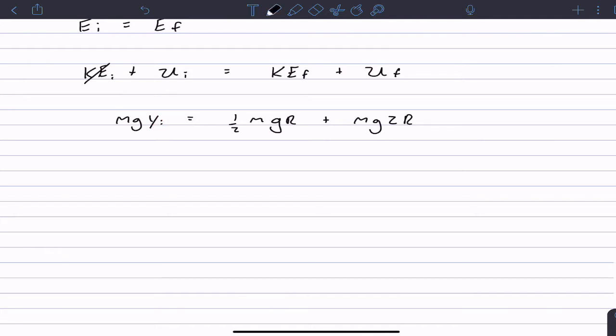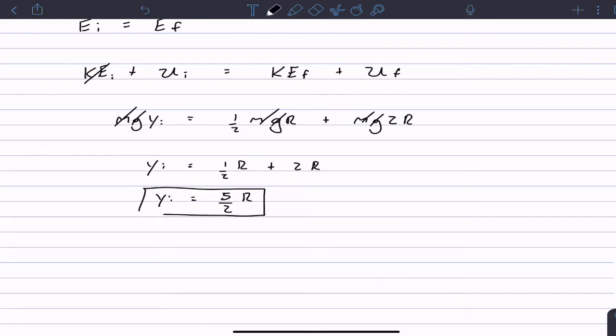So the m cancels on both sides. y i is equal to half r plus 2r, which is 4 halves, so that's actually 5 halves r. That's the height. That's the minimum height that you can release it from so that it's going to get all the way around the loop.